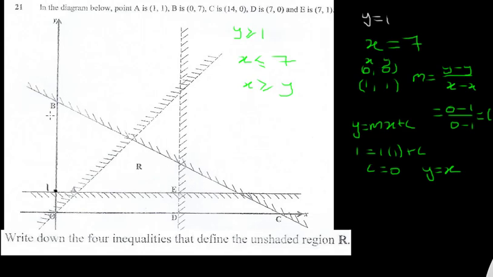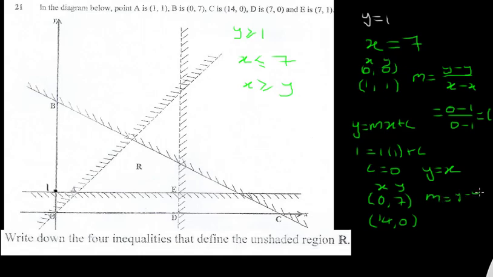The last line that we have is this one. This line is passing through B, which is 0,7, and it's also passing through C, which is 14,0. So we have our x and our y.